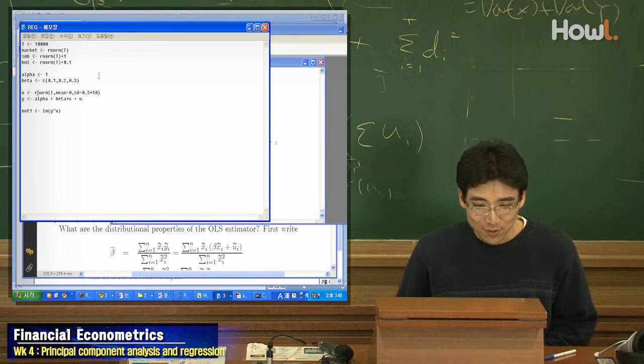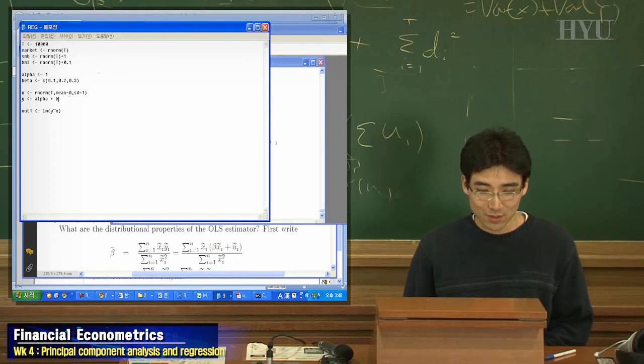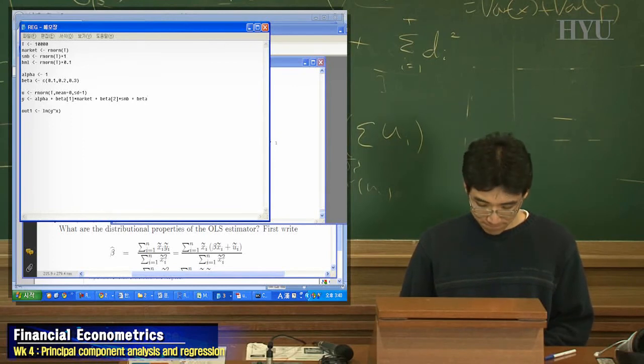So u is rnorm; let's make it simple, let's say just 1, okay, 4. Our model means that y is alpha plus beta 1 multiplied by the market element, plus beta 2 multiplied by small minus big, plus beta 3 multiplied by the element high minus low, plus u.